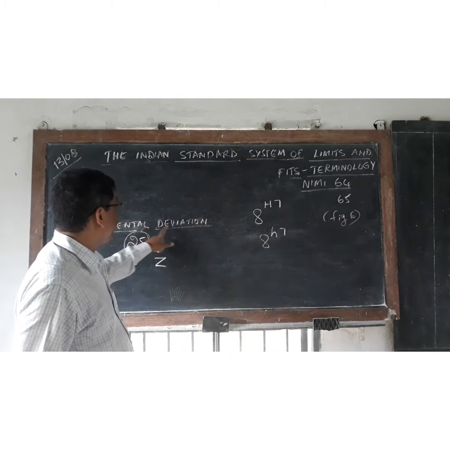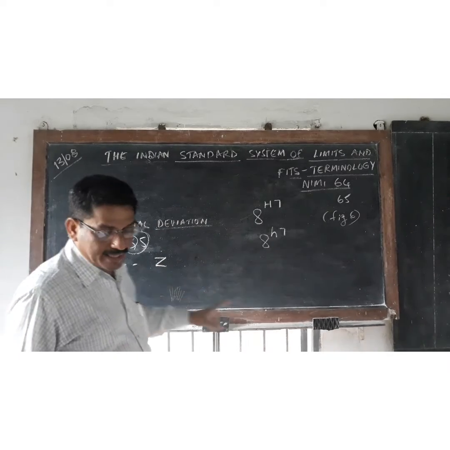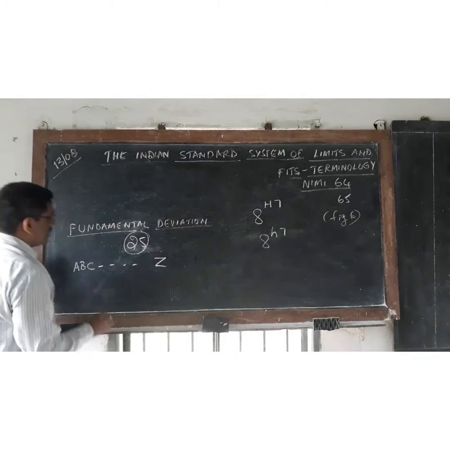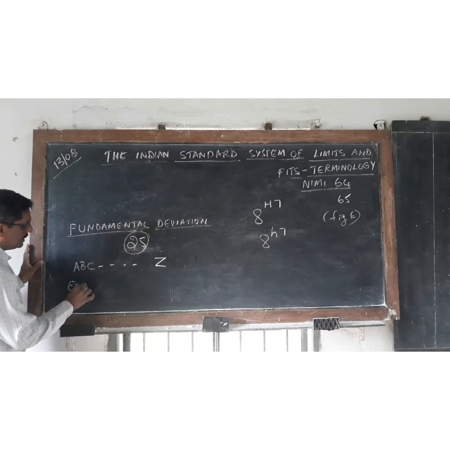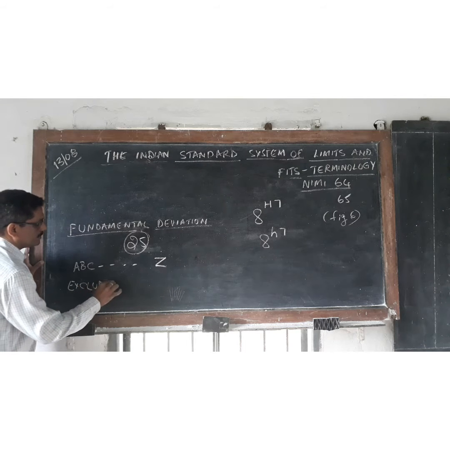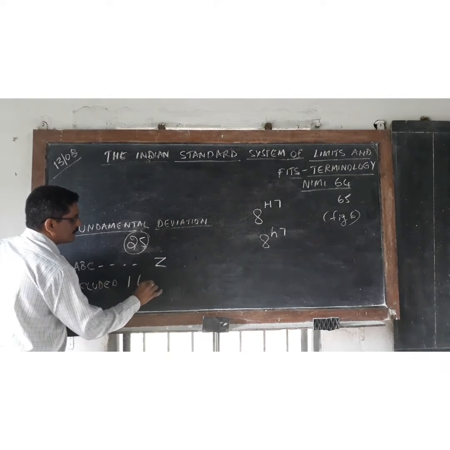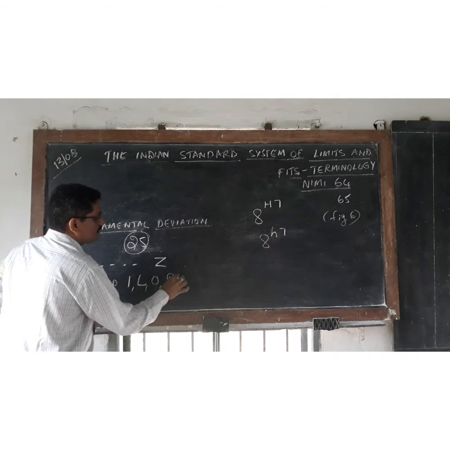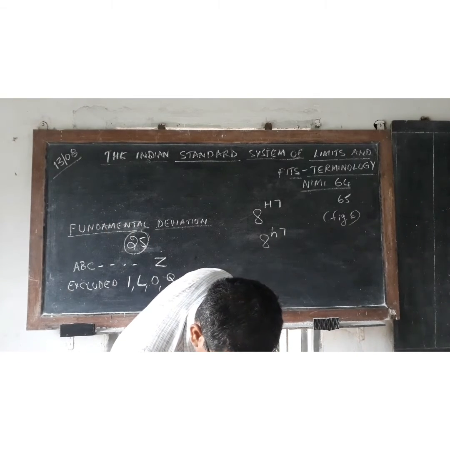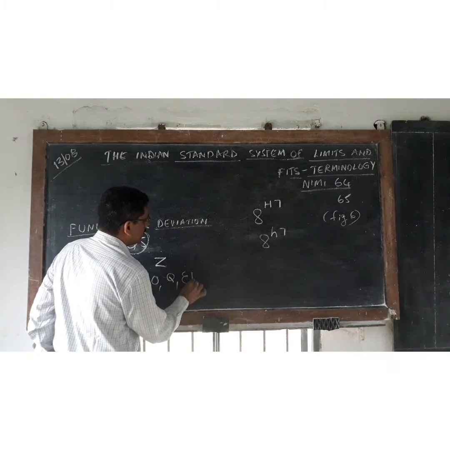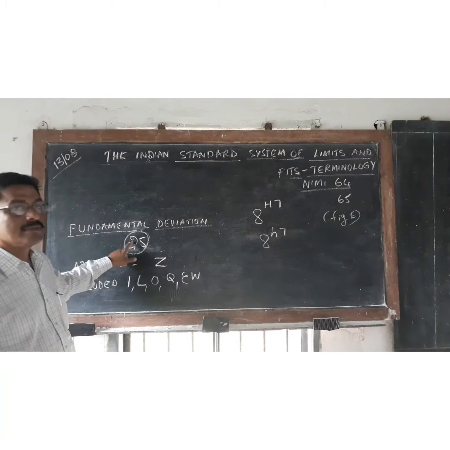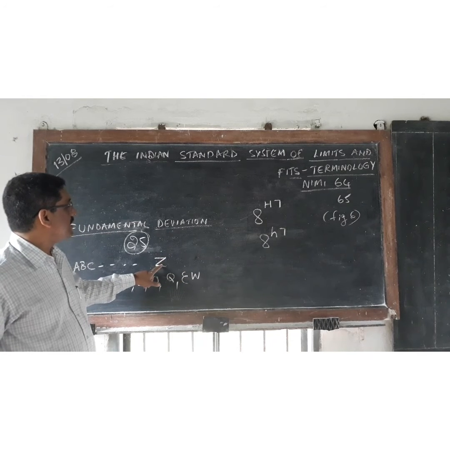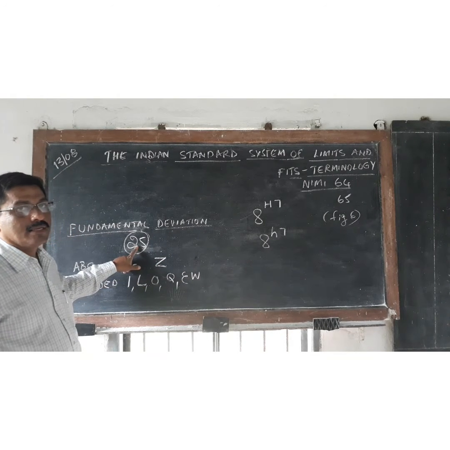Now you see 25 fundamental deviations. Which are excluded? I, L, O, Q and W. These alphabets are not there in the fundamental deviations.